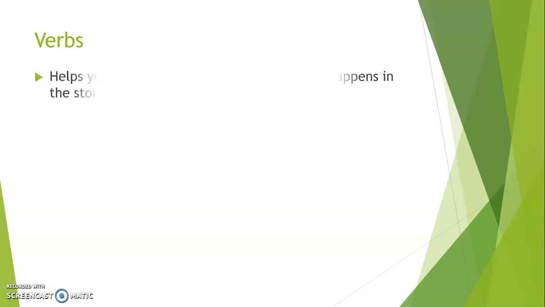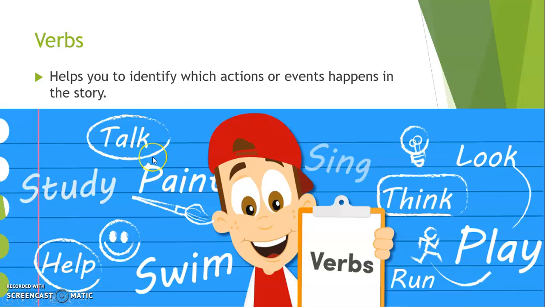Now the verbs, guys. The verbs help you. Again, what is help you? Te ayudan to identify actions or events in the story, okay? For example, Harry Potter talks, okay?